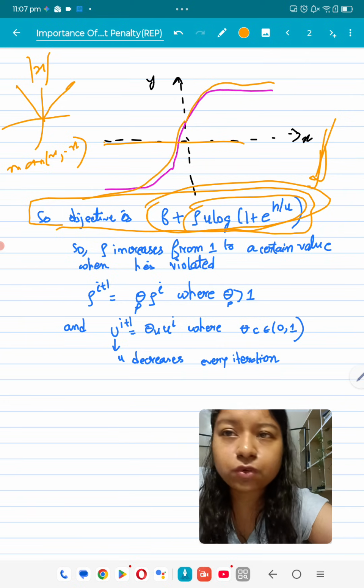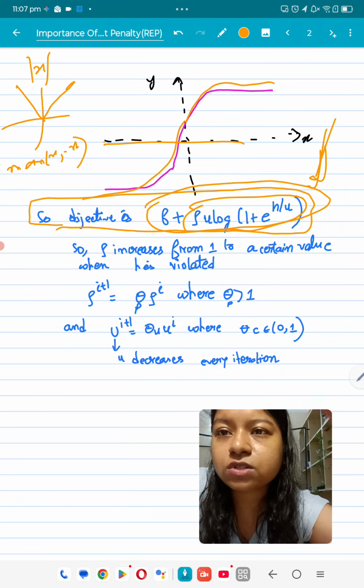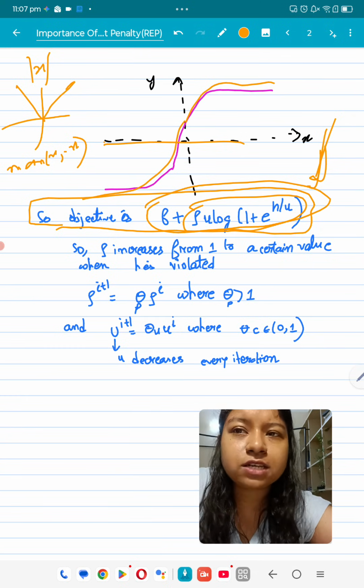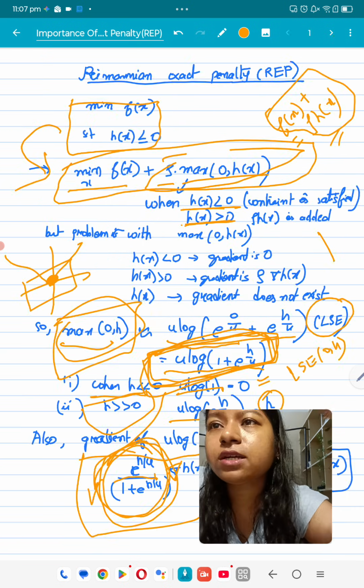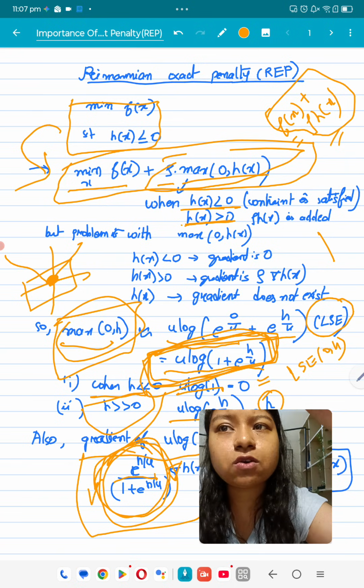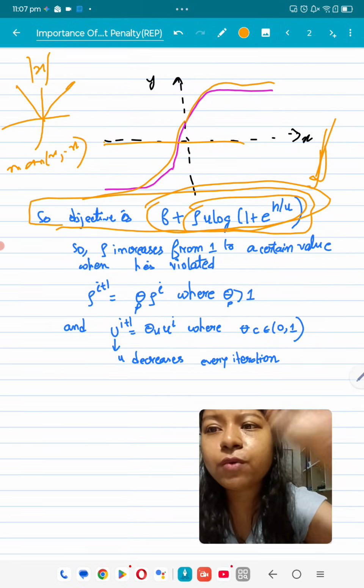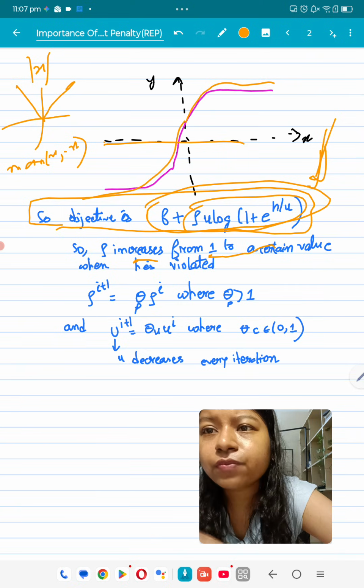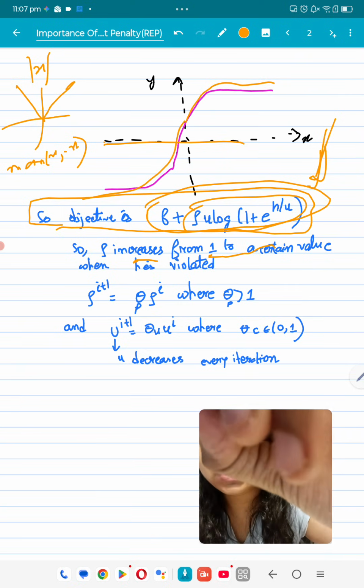Now you may ask what the rho value and the u value are, because rho and u are parameters. The rho value keeps on increasing because we are trying to find the minimum of our original function, f of x such that h of x is less than or equal to 0. So rho is enforcing the constraint, so we will keep on increasing the rho value up to a certain value. And what about the u value?